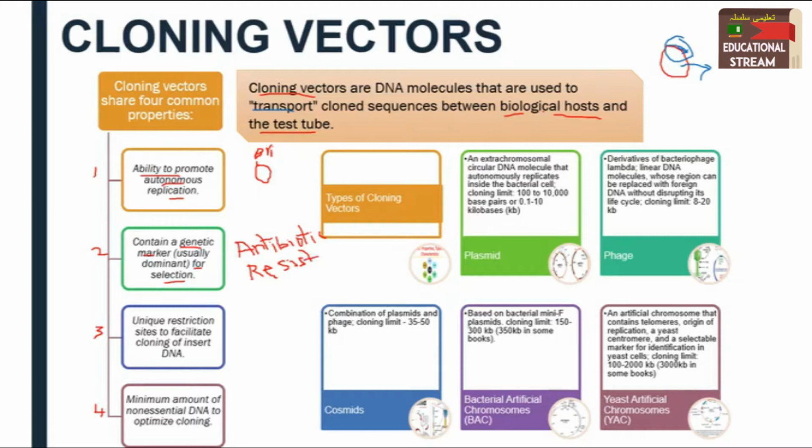Then the third important property is unique restriction site to facilitate the cloning of the gene of interest that we are going to insert into it. Restriction sites provide cutting sites for the restriction enzymes.